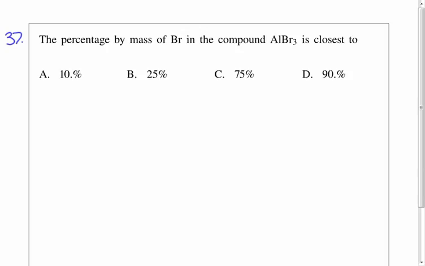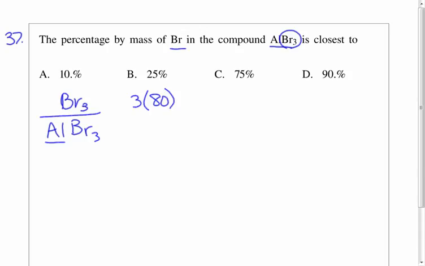37, we want the percentage of bromine in the compound. So there are 3 of them. So this is Al here at the beginning for aluminum. There's not just an A on the table, so you know it's not an A and an I. So we'll go and we'll look up those values. Bromine is 79.9, so if you want to make it a little bit easier, just put 80.